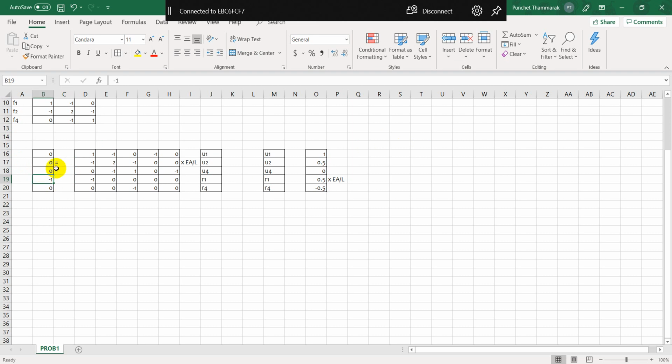In order to get the unit here, this is multiplied by EA over L, L over EA, just move it to that side. Yeah, just EA over L.